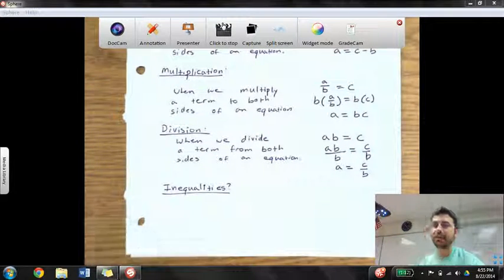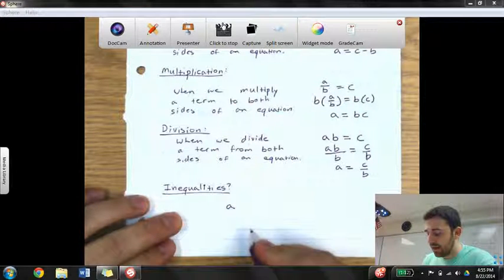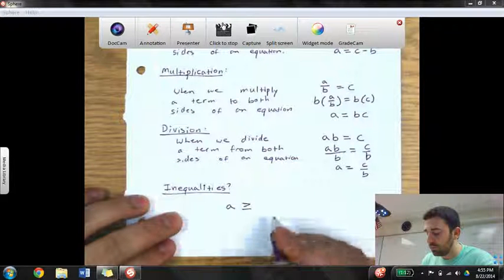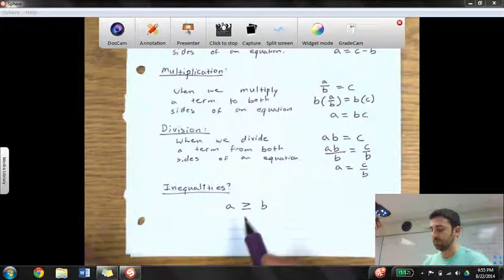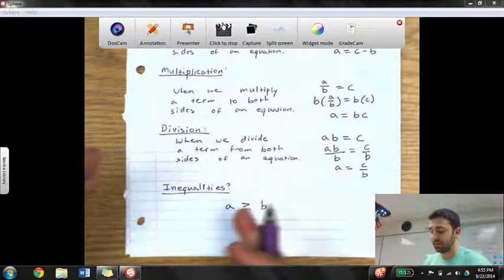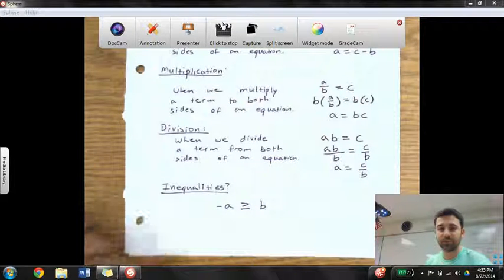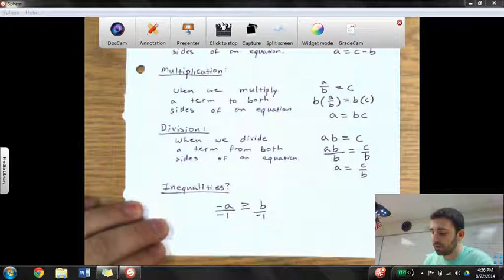Now the last thing I want to talk about is how solving inequalities is different from solving equations. So an inequality is where we have A and an inequality sign, greater than or equal to B. Now this inequality is already solved, but if A is negative and we wanted to solve for A, we would have to divide by -1 on both sides.